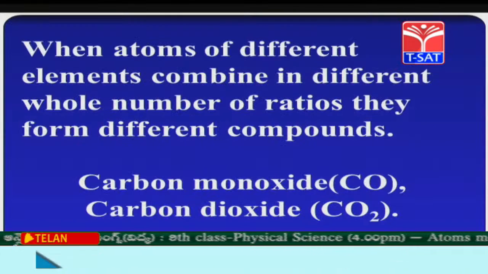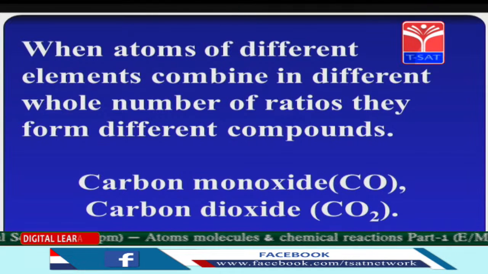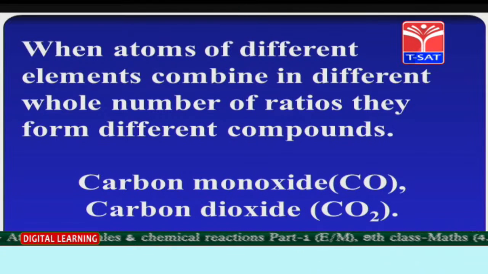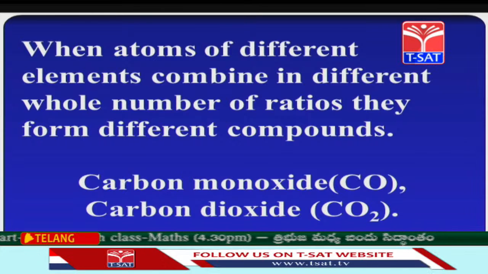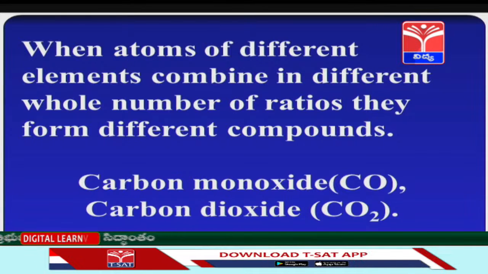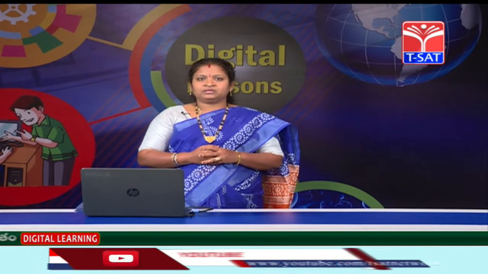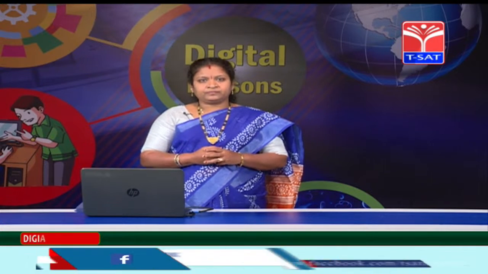So, children, when atoms of different elements combine in different whole number ratios, they form different compounds like carbon monoxide and carbon dioxide. Here in this example, if you observe carbon monoxide, it is made up of one atom of carbon and one atom of oxygen.